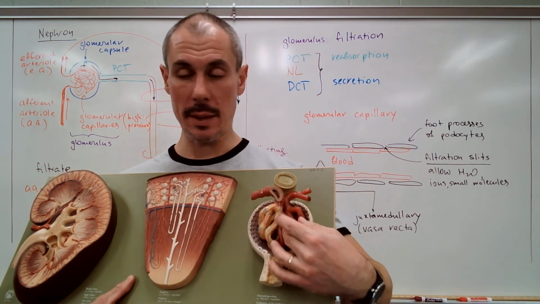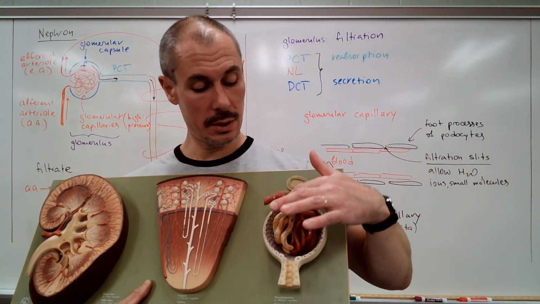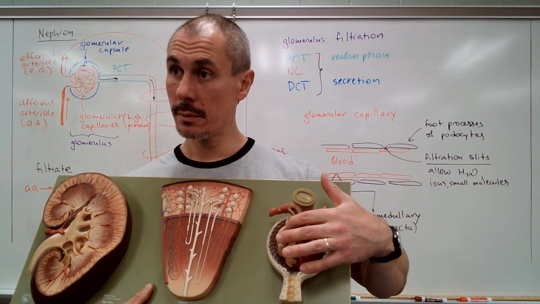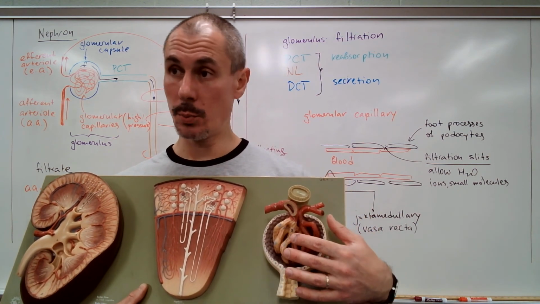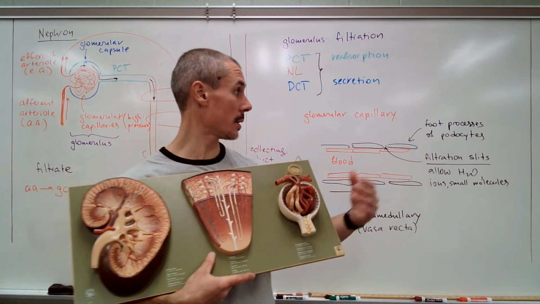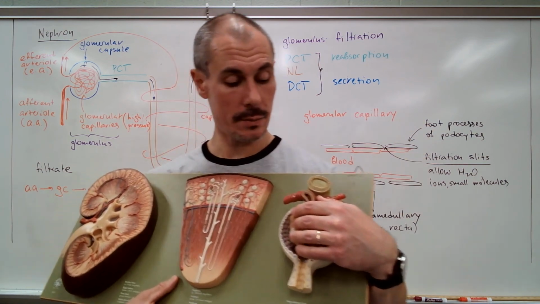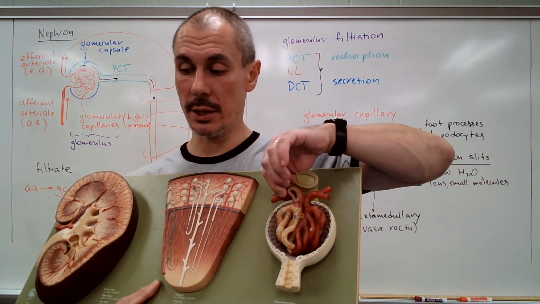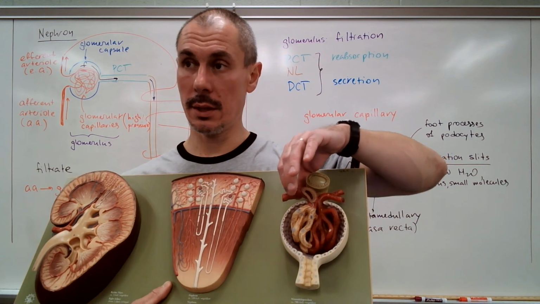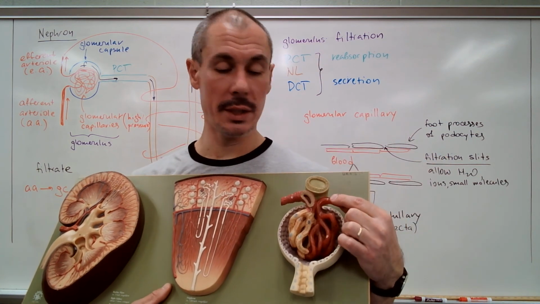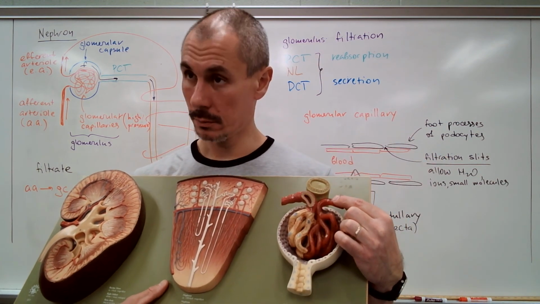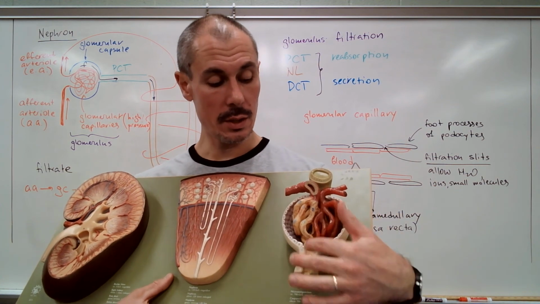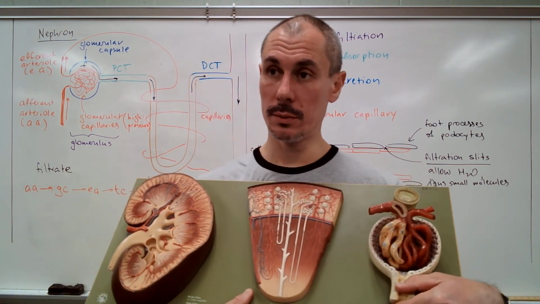You see glomerular capillaries. You see the yellow stuff? This yellow stuff is podocytes, the cells that form foot processes. This large vessel here is the afferent arteriole, and the small one is the efferent arteriole. Okay? This is the proximal convoluted tubule over here.